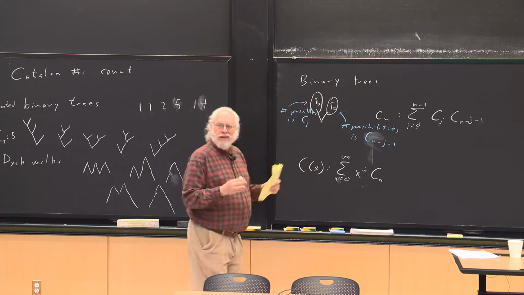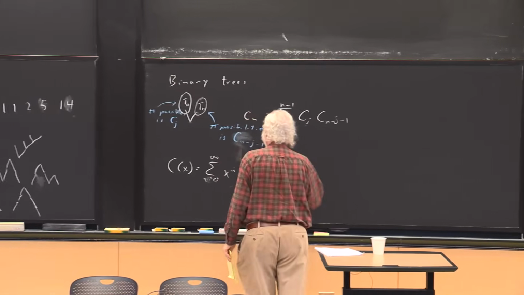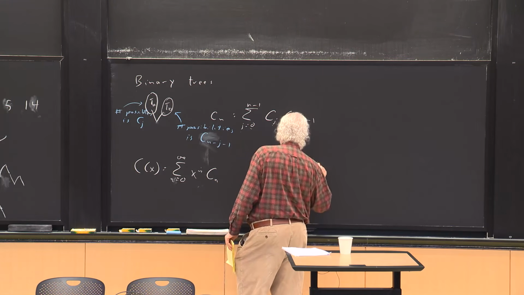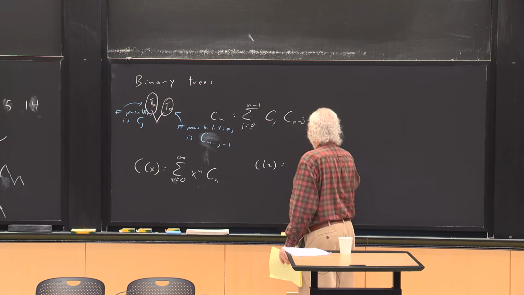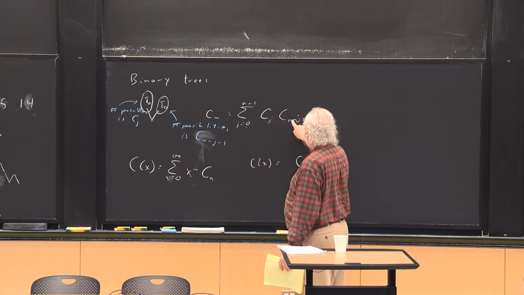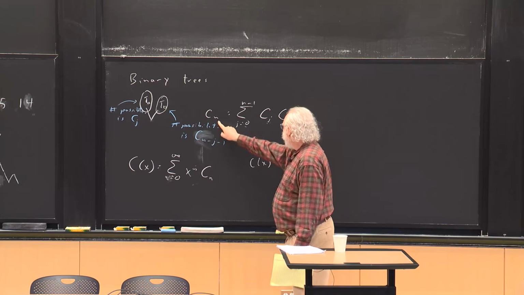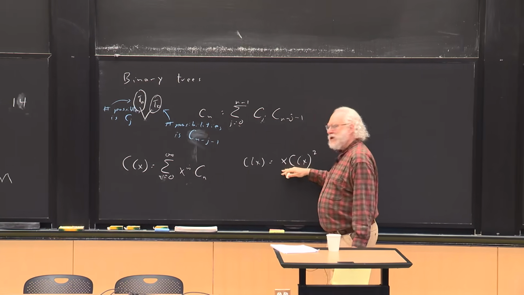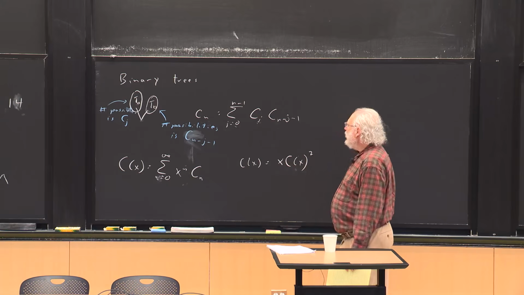Yeah, exactly. C of x is equal to C of x squared. Actually, this isn't quite right, because if this is j and this is n minus j minus 1, this is n, so we need to add another x here to make the degrees right.